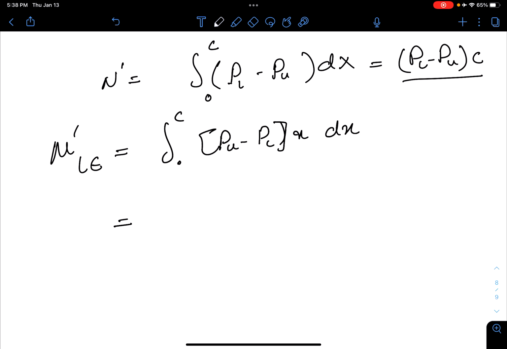What is the integral of x dx? X squared over 2. It goes from 0 to c. X equals 0 gives 0. So you're going to have pu minus pl, c squared over 2. This is going to be your moment. It's actually pl minus pu based on the solution I have.